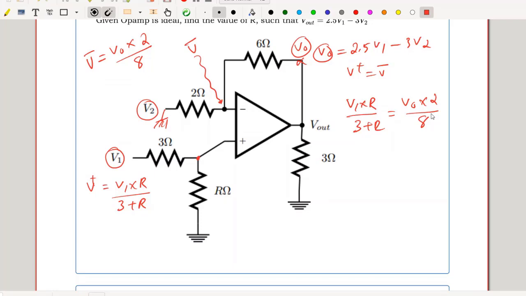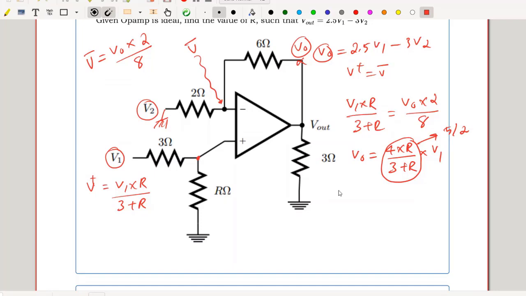So the component of V1 is nothing but 5 by 2. So I have V out equal to 4 R divided by 3 plus R times V1. This coefficient should be equal to 5 by 2, that is 2.5.